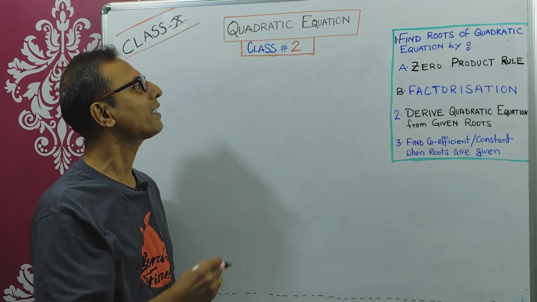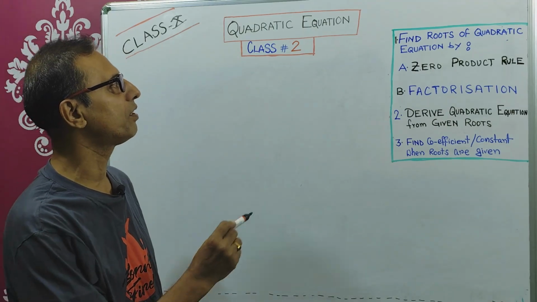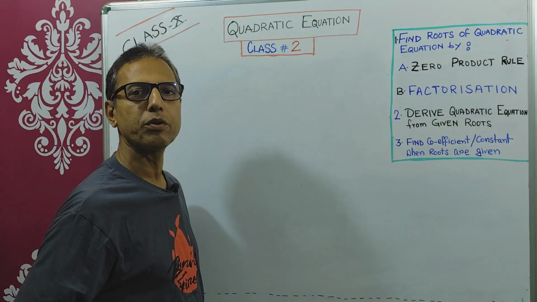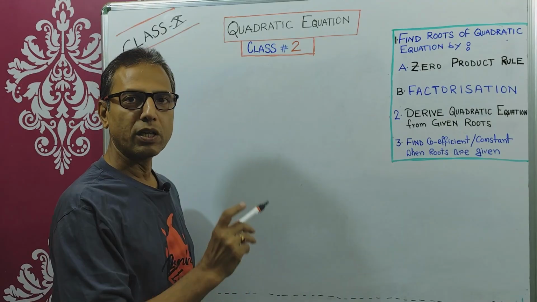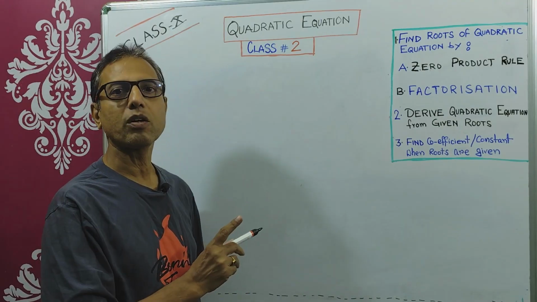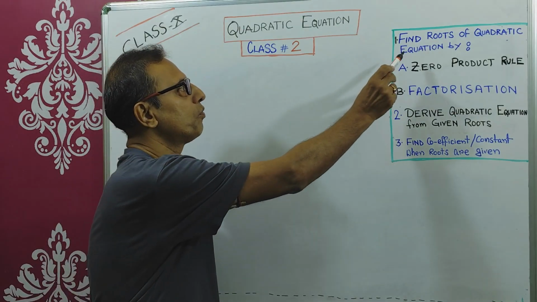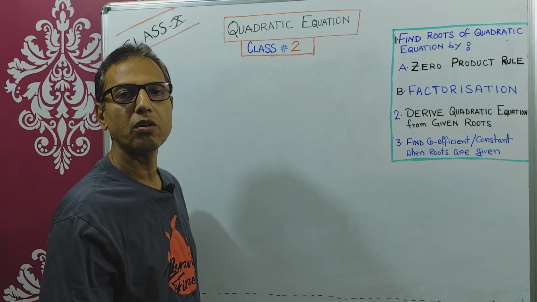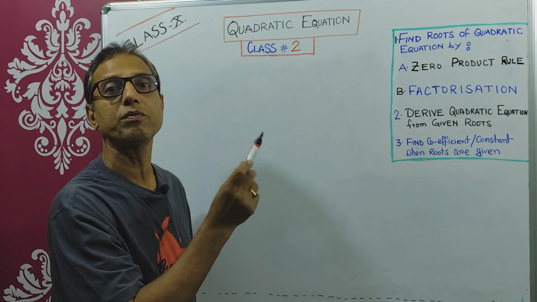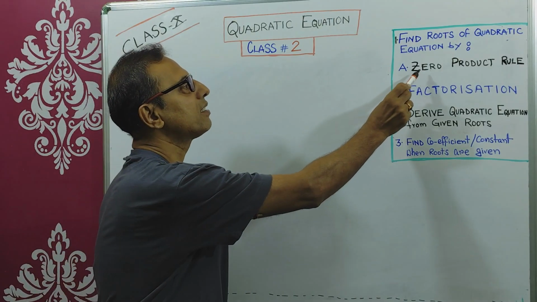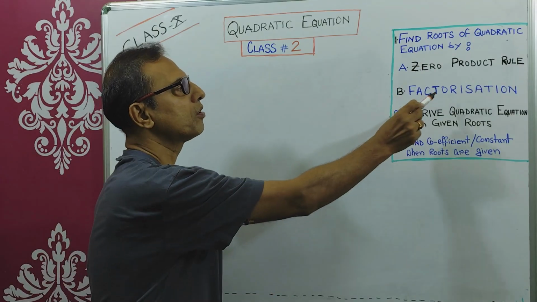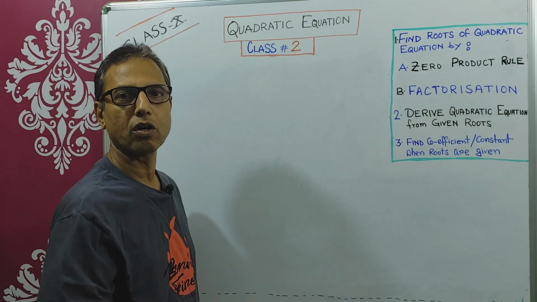So today in the second class, we are going to cover how to find roots of a quadratic equation by two ways. Actually there are three ways; the third one I will cover in a separate video. So how do we find the roots or solution of a quadratic equation, that is, the value of the variable, either by the zero product rule or by factorization. These two we are going to cover today.